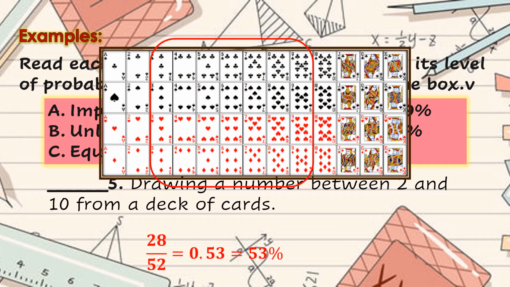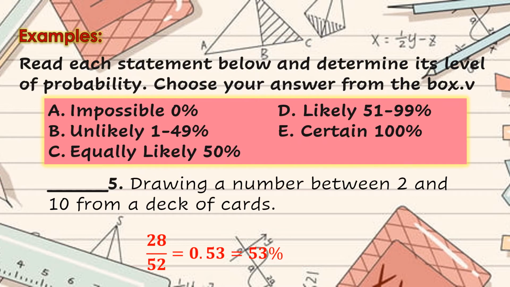In percentage is 53%. The answer is letter D. It is likely to happen. So, ibig sabihin, mayroong malaking chance na makakuha ng card na pasok sa gitna ng 2 and 10.